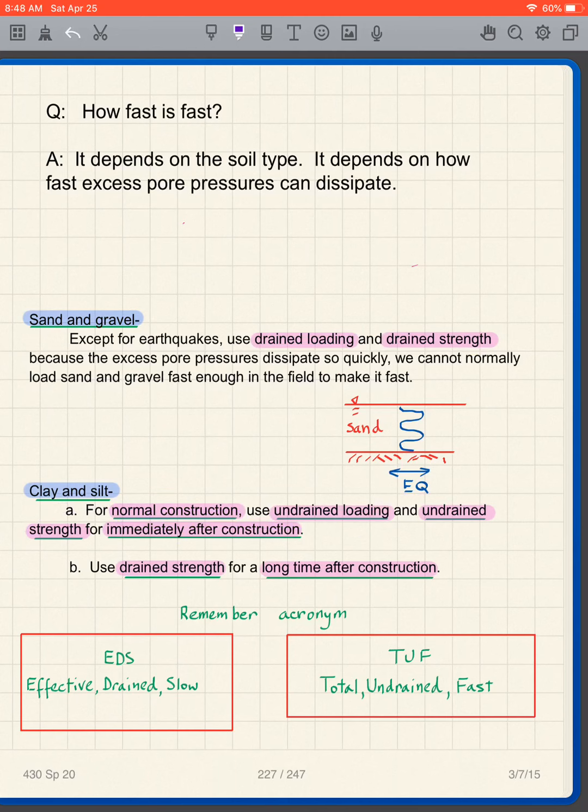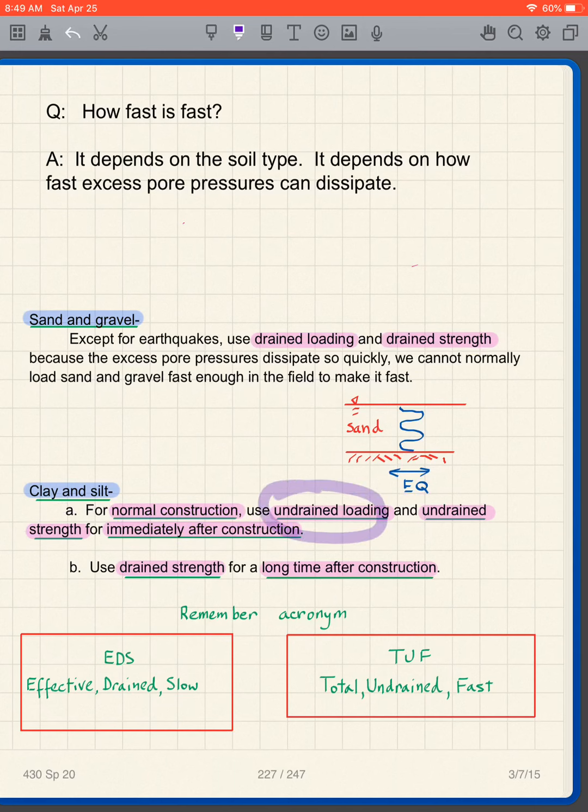We've been looking at the dissipation of excess pore pressures in our settlement problems. And what are we looking at? We're looking at 5, 10, 20 years for the excess pore pressures to be completely dissipated. So what we find is that a lot of times during our construction process in clay and silt, we are actually doing undrained loading because we're building it faster.